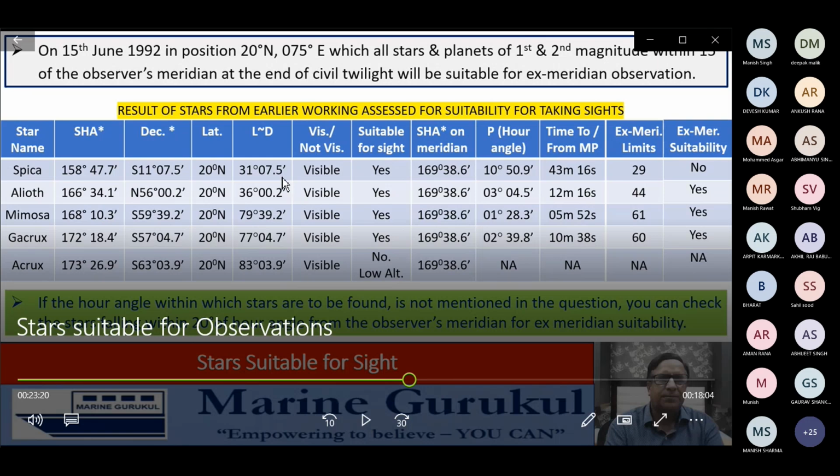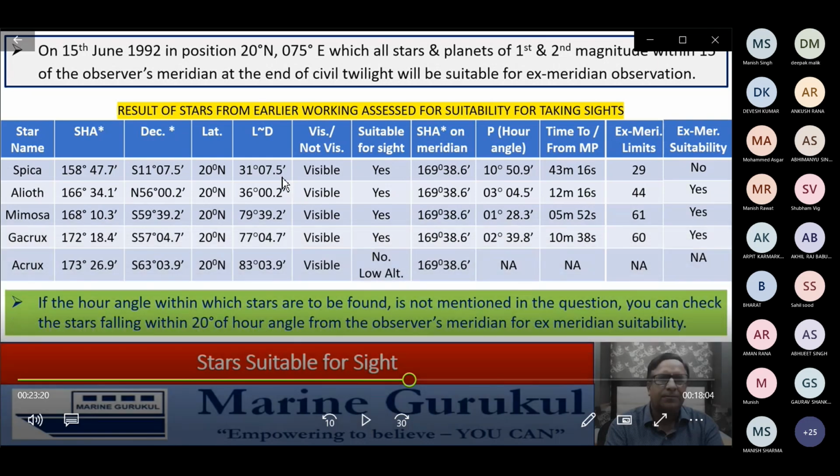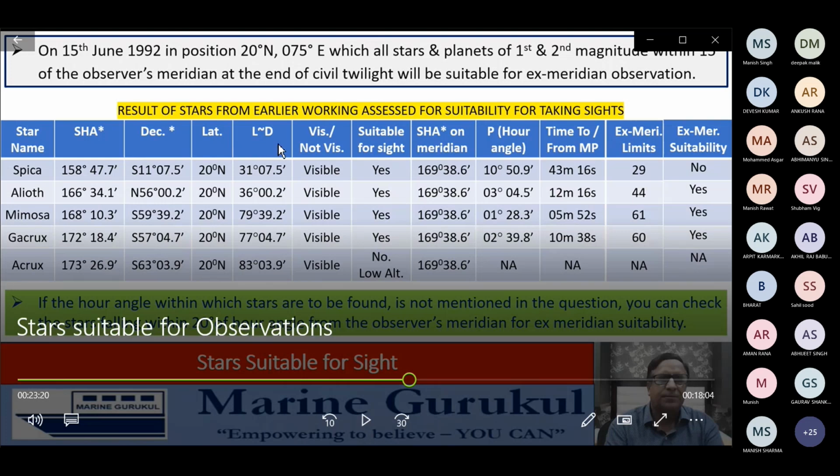I told you that the star has to be at an altitude greater than 10, so that means L difference D should be less than 80. L difference D basically gives us the zenith distance. So we found that 4 stars were suitable for sight. Now this last one, Acrux, was not suitable for sight because of its low altitude.